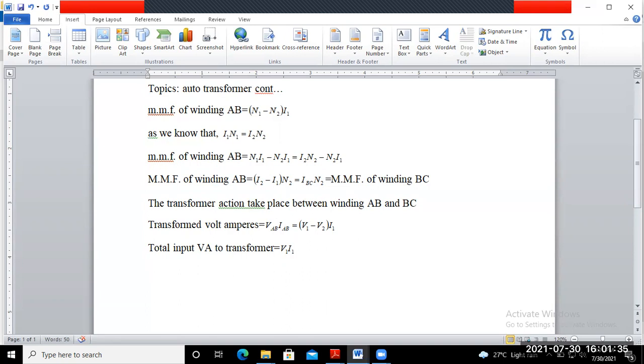So the ratio of transformed volt ampere to total input volt ampere is equal to V1 minus V2 into I1 divided by V1 into I1.